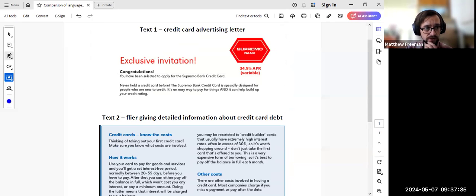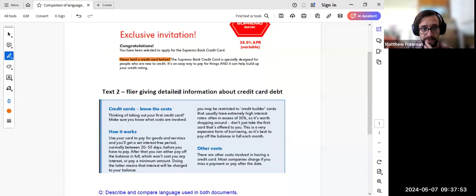If we have a quick look at this start bit, in the little paragraph here, you can see they use the rhetorical question, "never held a credit card before?" And then it goes on to say the Supremo Bank credit card is specifically designed for people who are new to credit. It's an easy way to pay for things and it can help build your credit rating. And we can see in text two as well, we've got this: "thinking of taking out your first credit card?